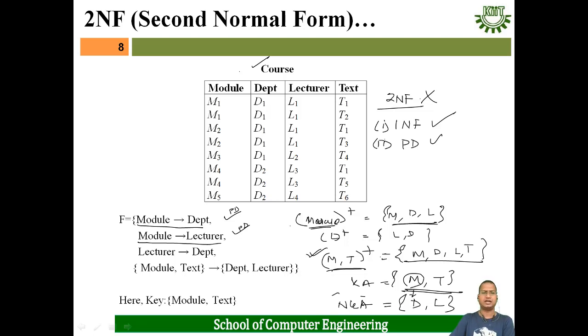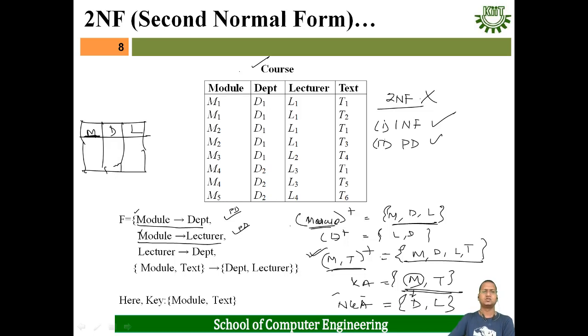That means I have to create one table which contains module, department and lecturer as the attributes. And here in the partial dependency, the left hand side part is module. That will be your primary key in this case.